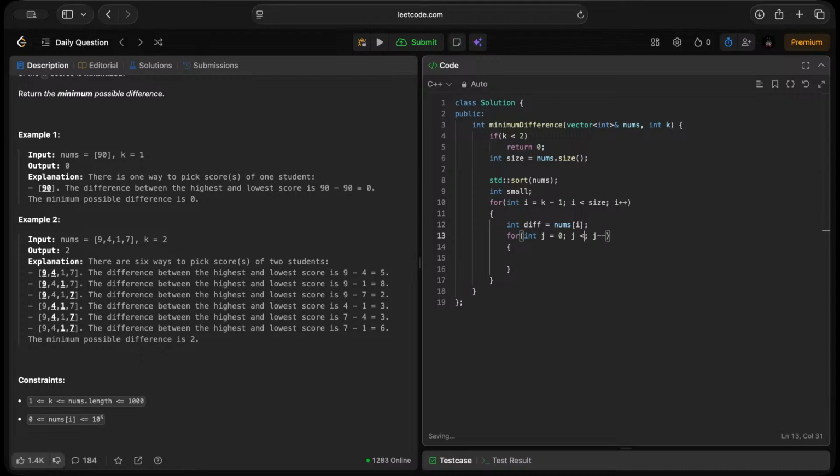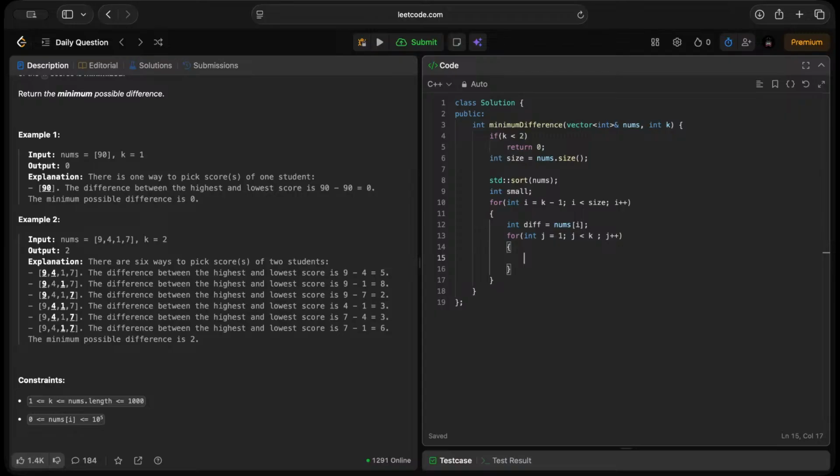So j is less than k, and then j plus plus. And we already got the first value, so we want 1.